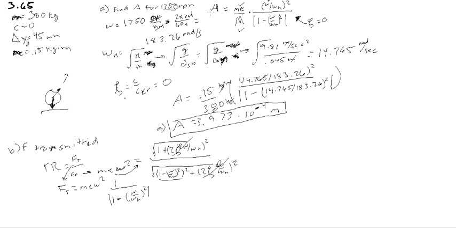The amplitude for imbalance is me over m times the transmission ratio.